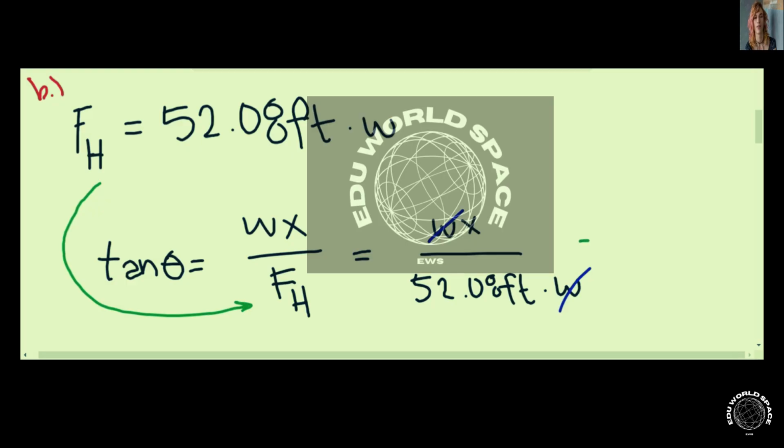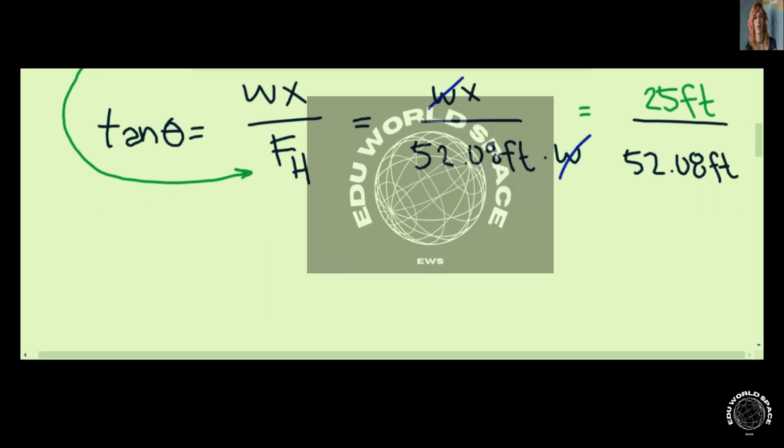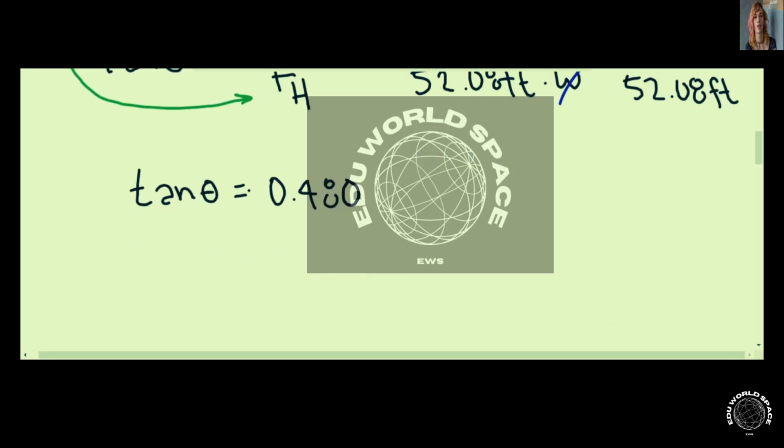So if we plug in 25 feet all over 52.08 feet, that leaves us with tangent theta equals 0.480, which allows us to solve for theta.